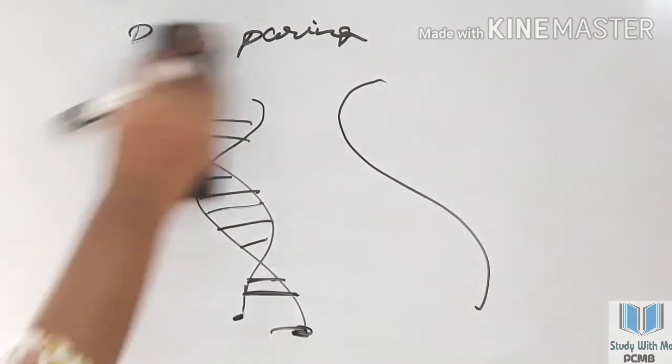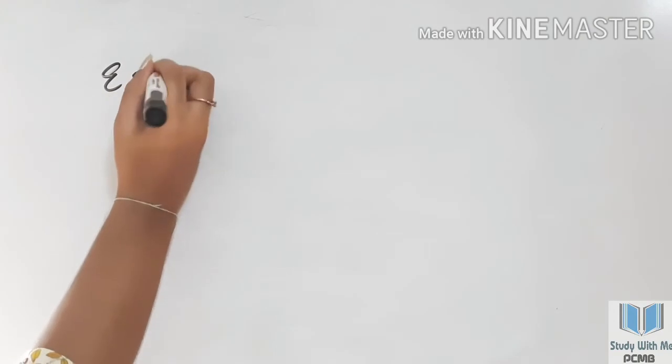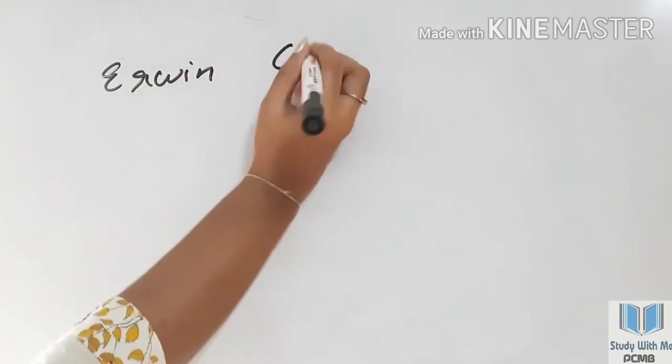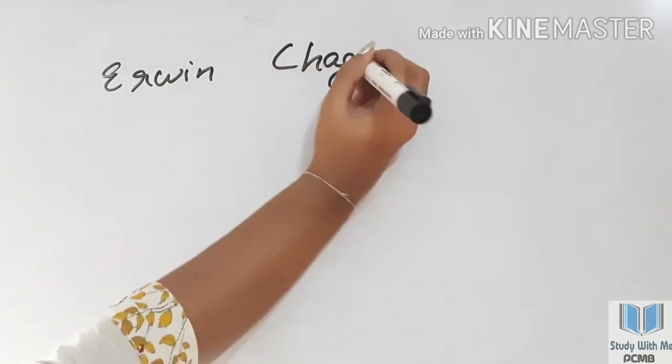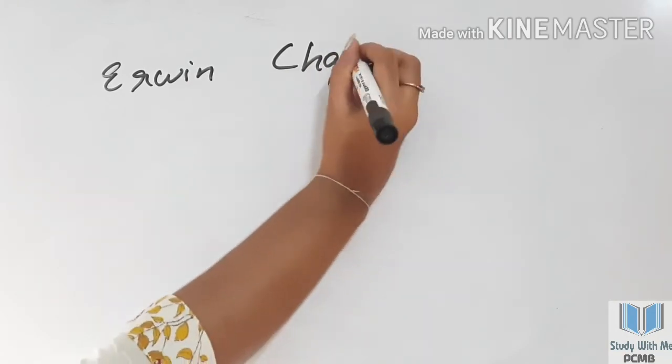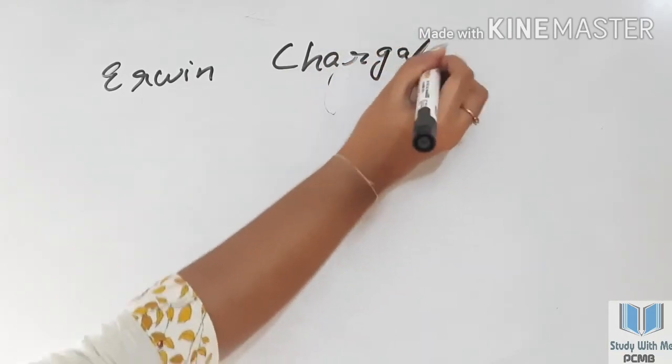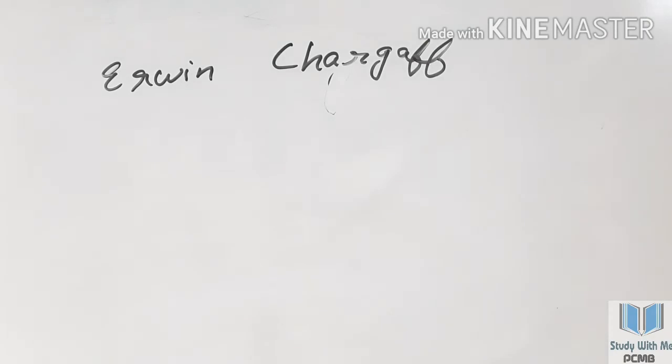After that, we have to learn about a rule proposed by Chargaff. Chargaff proposed the rules of base pairing. So let's see what those rules are. There are two rules.